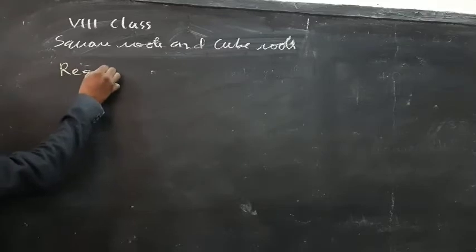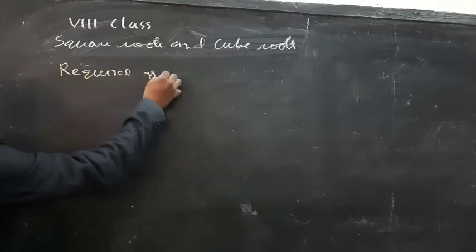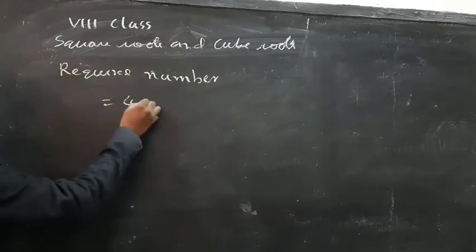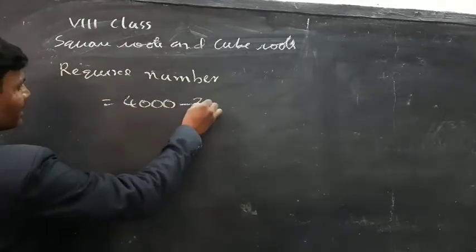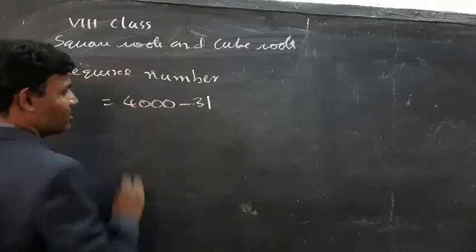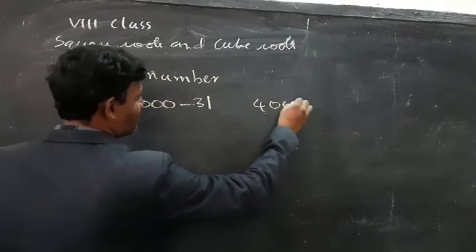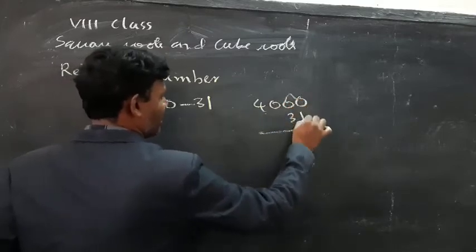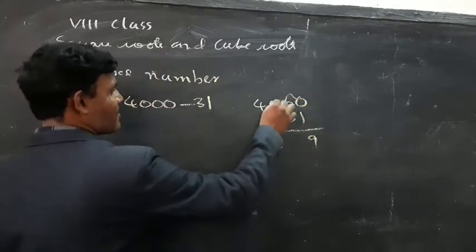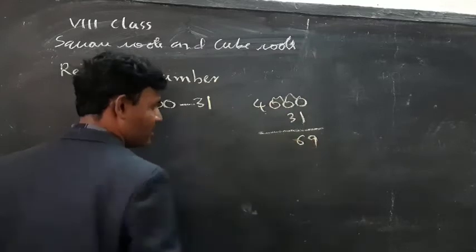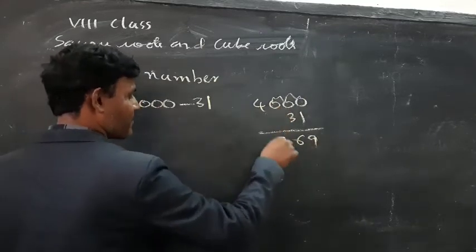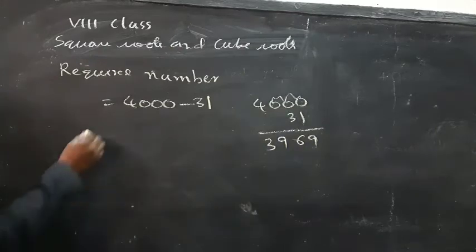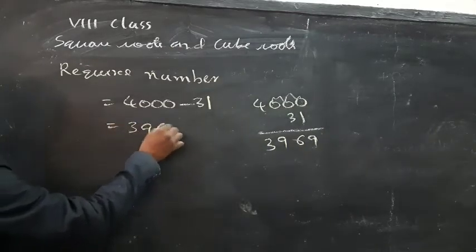Required number is equal to 4000 minus 31. Now subtract: 10 minus 1 is 9. 9 minus 3 is 6. Here 9 remaining. So the required perfect square number is 3969.